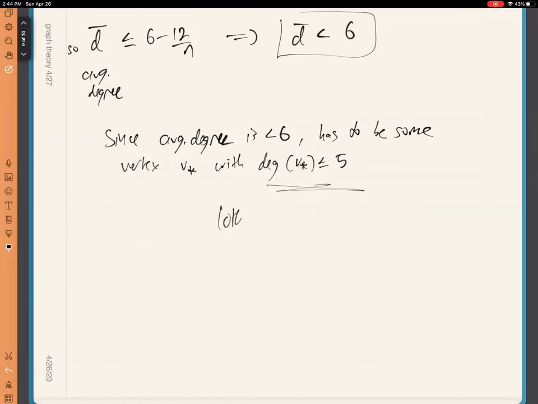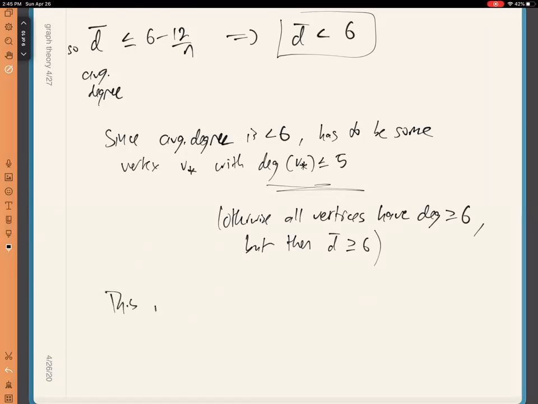But then the average D bar would also have to be bigger than or equal to 6. And since we showed it's strictly smaller, there has to be some vertex with degree 5 or smaller. And so that's the proof of 2, and that completes the proof of the theorem.